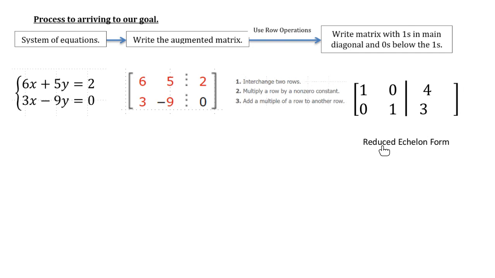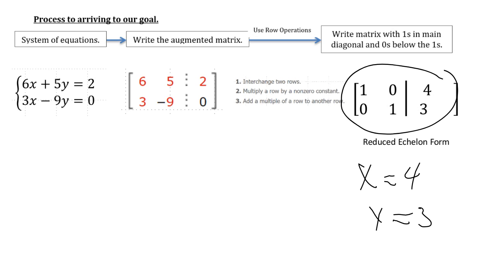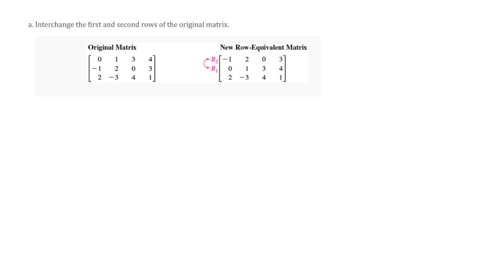We call this reduced echelon form. So we want our answer to look like this, and the reason is that when I write it back as a system, I can say that x is equal to 4 and y is equal to 3 just by looking at this system. Okay, so that's going to be our goal.